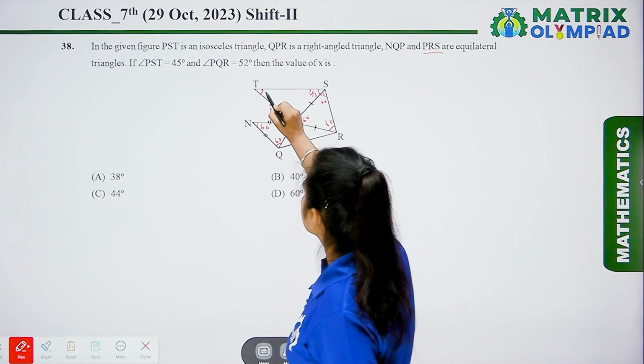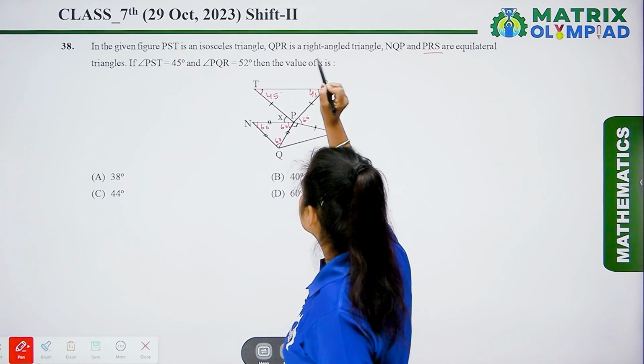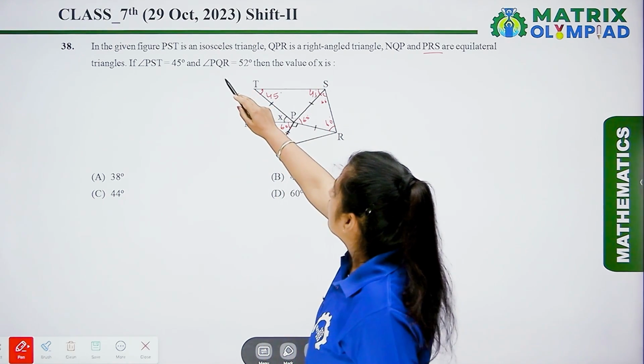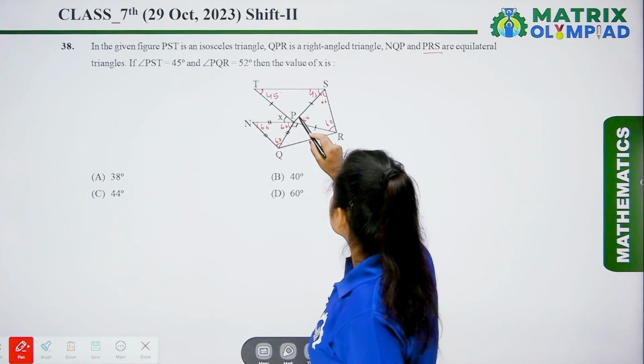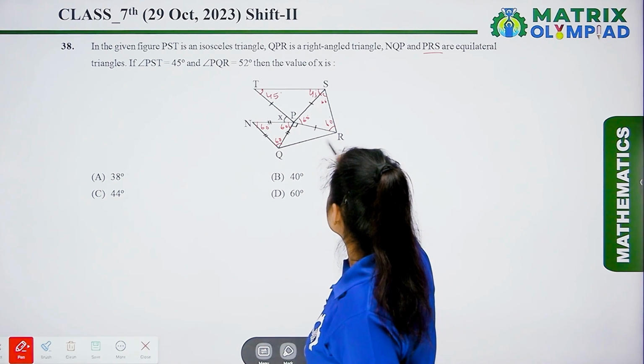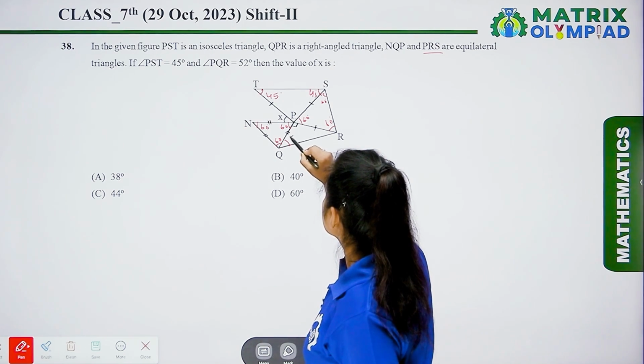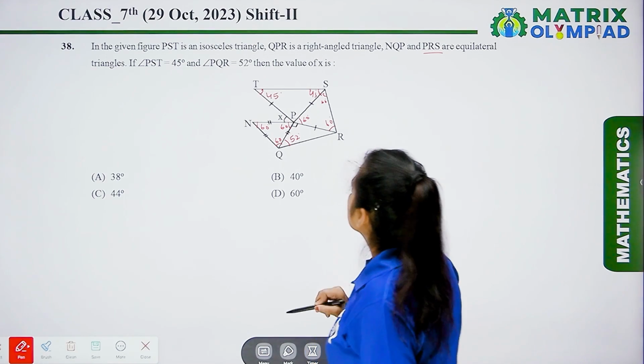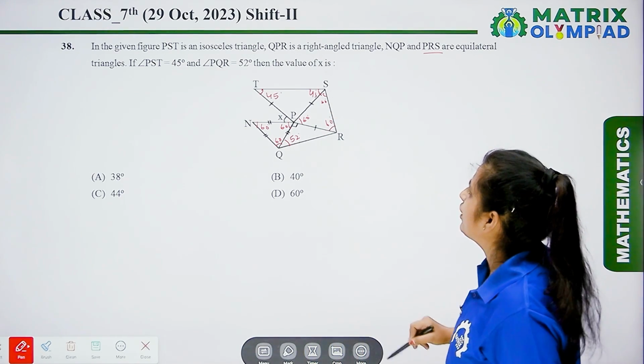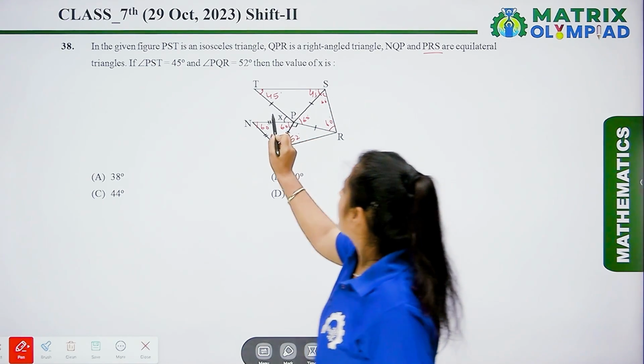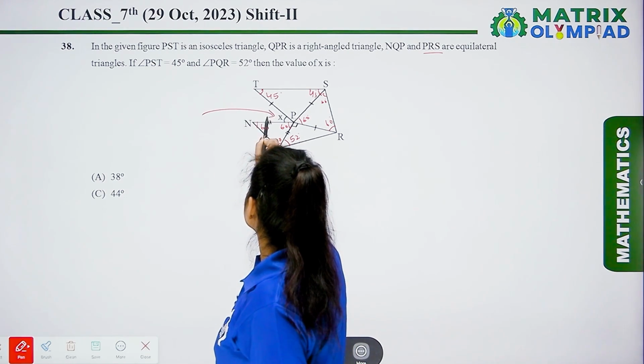If this is 45 degrees, then this is also 45 degrees. PQR, this is 52 degrees. Then the value of X is, we have to find out the value of X, this value.